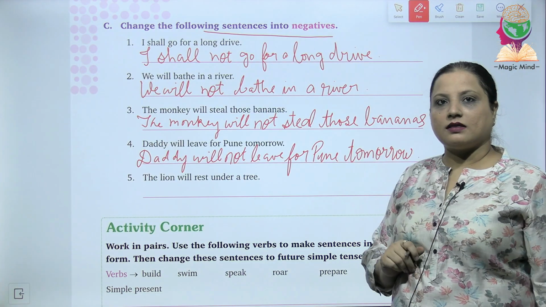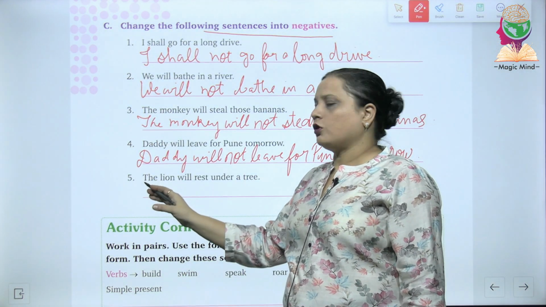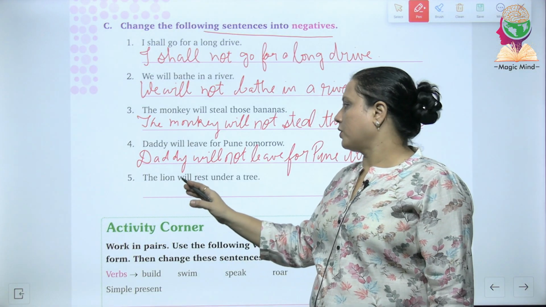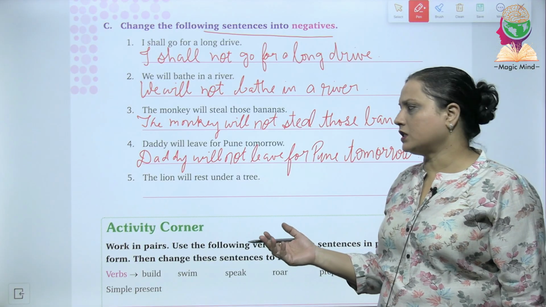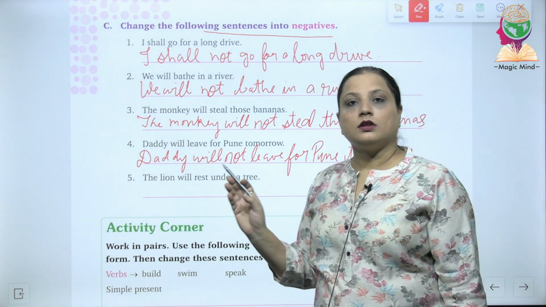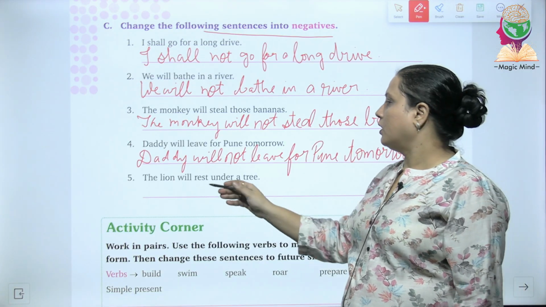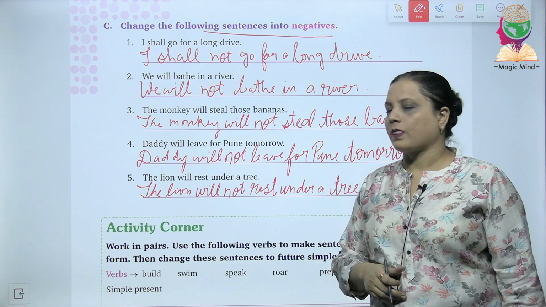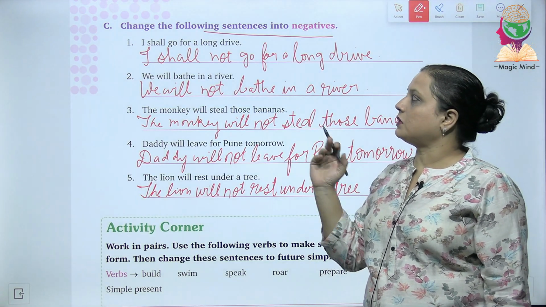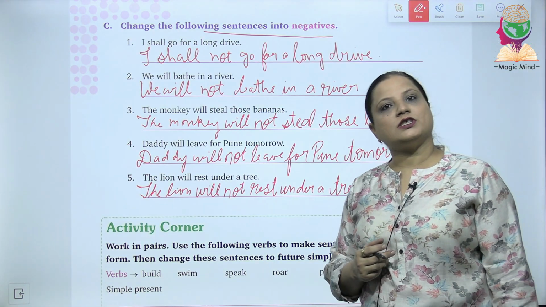And a full stop at the last. Now the last sentence is, the lion will rest under a tree, and what will be the negative sentence? The lion will not rest under a tree. And a full stop. So with this we have completed the C question also, the last question of this chapter.